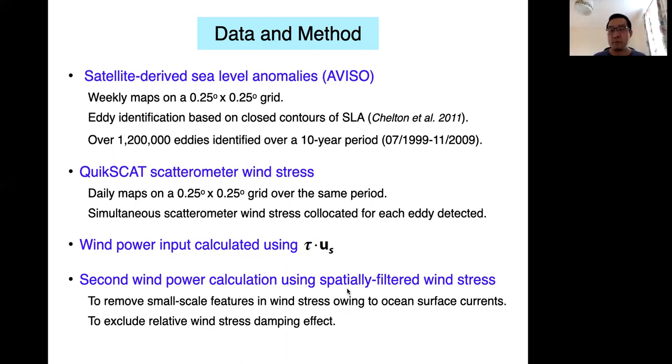The purpose of the spatial filtering is to get rid of small-scale features in the wind stress field associated with ocean surface currents. In this second calculation we exclude the relative wind stress damping effect, because the power input is essentially calculated using absolute wind stress. Then we can compare and contrast those two calculations to highlight damping by relative wind stress.